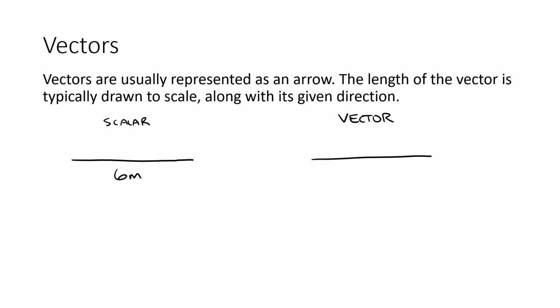So I could have that same segment, but the direction is important. It is pointing that way. 6 meters that way, but I'm also going to include the direction. Right here, I'm going to say, well, for me, that is going to be pointing east. But you see the direction is important.